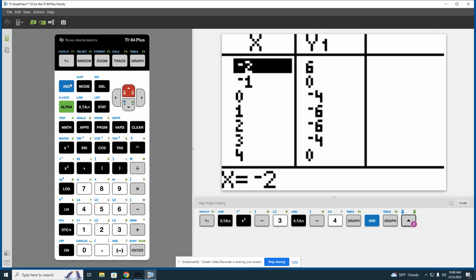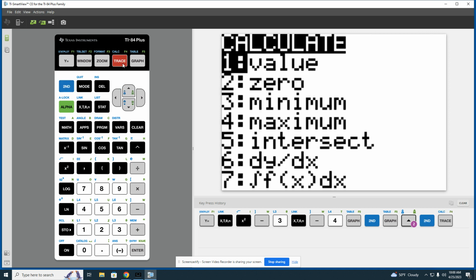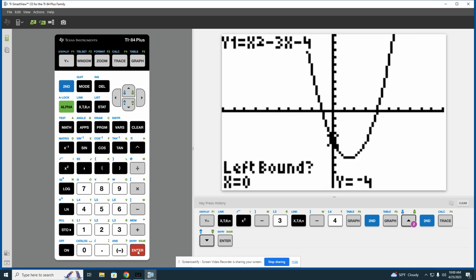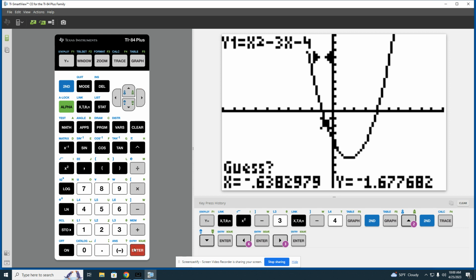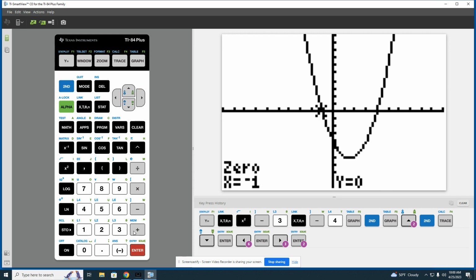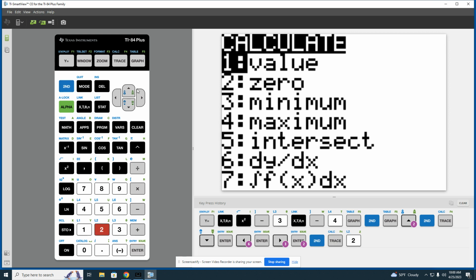Or we could do the other way. Second trace, number 2. We could go just to the left of that point right there, push enter. Just to the right of that point, push enter. Push enter one more time, and sure enough, what's that solution? -1. And then let's do it one more time. Second trace, number 2.